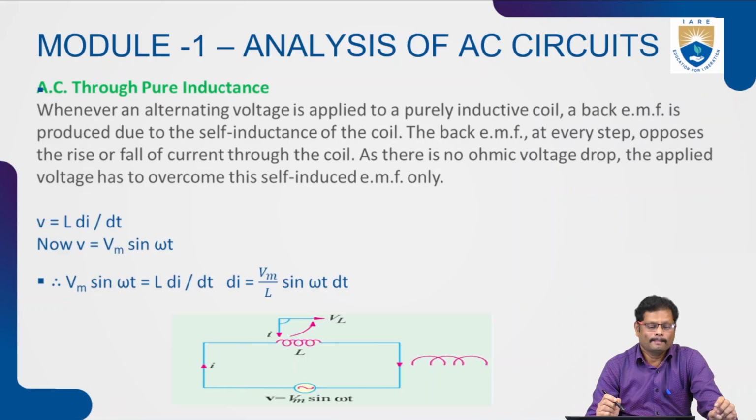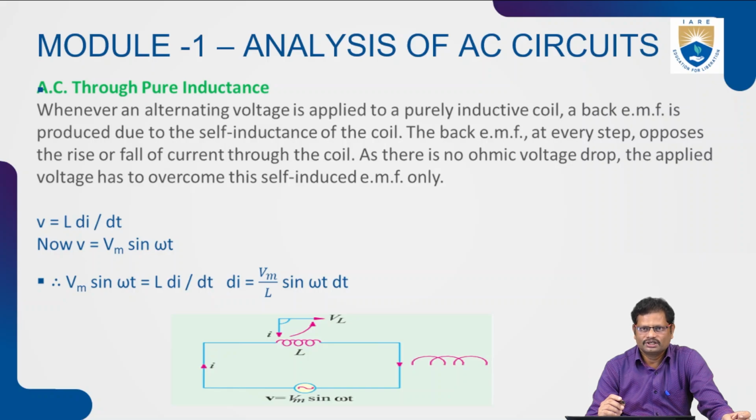And now we will see the behavior of a pure inductor when an AC supply is given. Whenever an alternating voltage is applied to a pure inductive coil, a back EMF or counter EMF is produced due to the self-inductance of the coil.